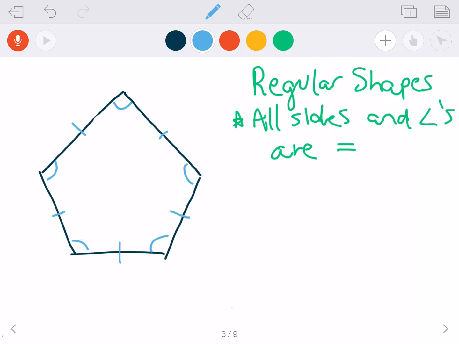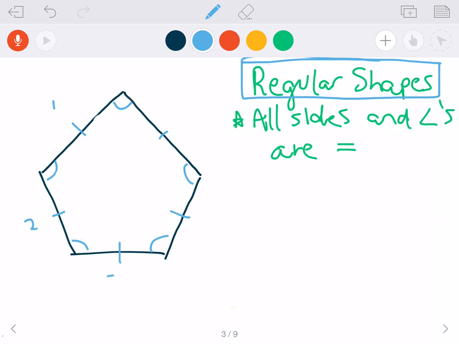Okay, one vocabulary word we haven't really talked about is a regular shape. All a regular shape means is all the sides and angles are equal. You still find the sum of the interior angles the same, so you still count up the sides.